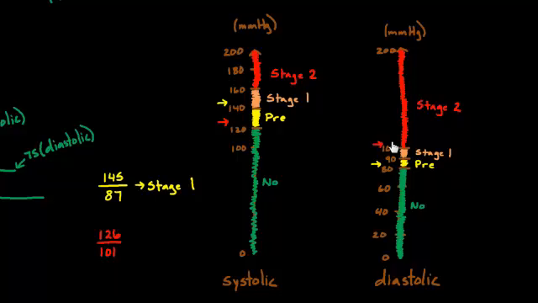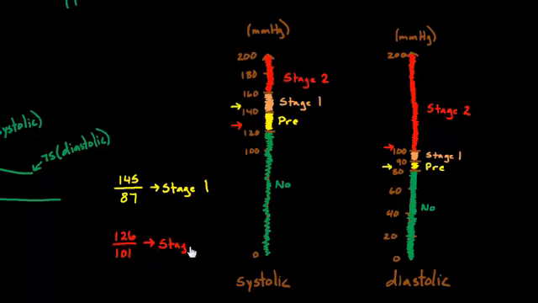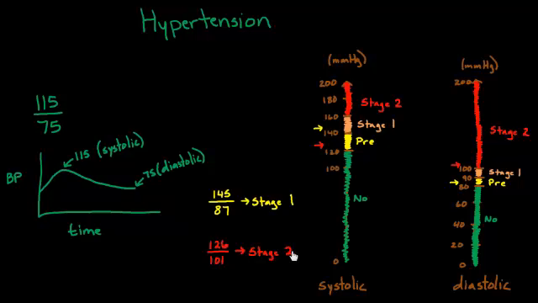So this person is actually pre-hypertensive if you're looking at just their systolic value, but they're actually in stage 2 hypertension if you're looking at their diastolic value. So overall, they're going to be in stage 2, because the rule again is that you go with the higher stage. So that's how you figure out what stage of hypertension someone's in.